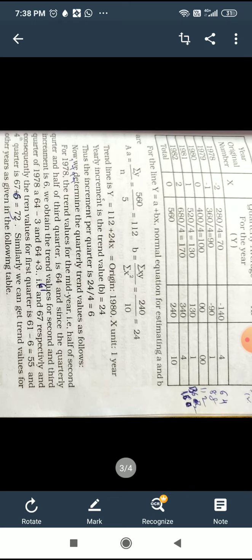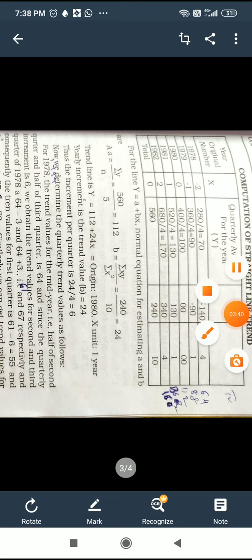After calculating xy and x square, we will calculate the trend value by using the straight line method.